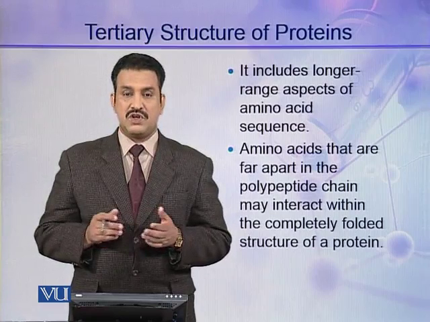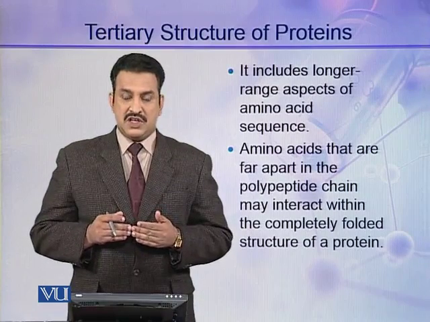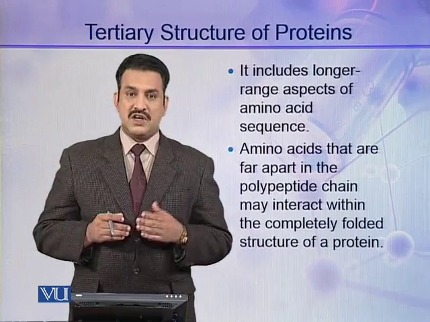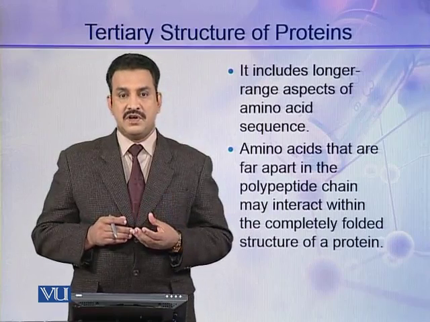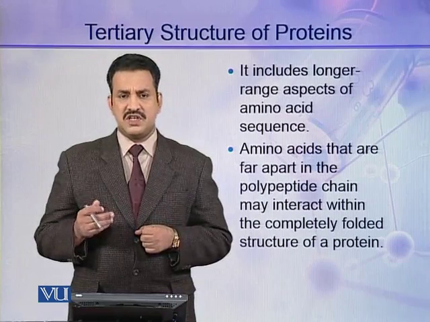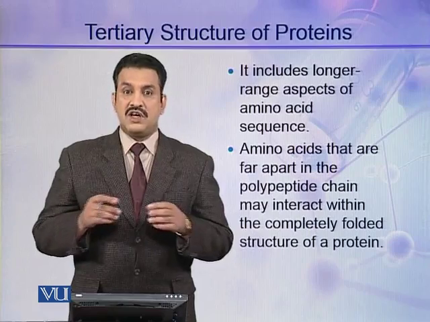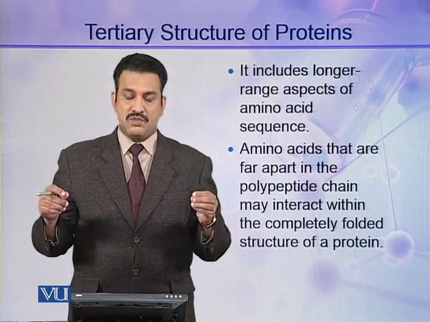For example, if a protein contains a cysteine amino acid at position 5 and the second cysteine amino acid may be present at position 90, so they are very far from each other.